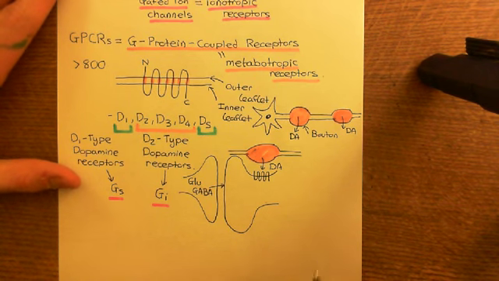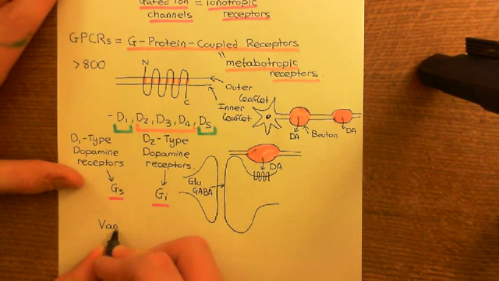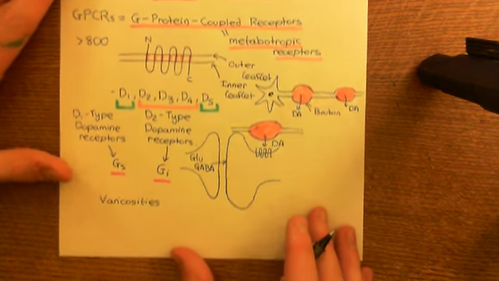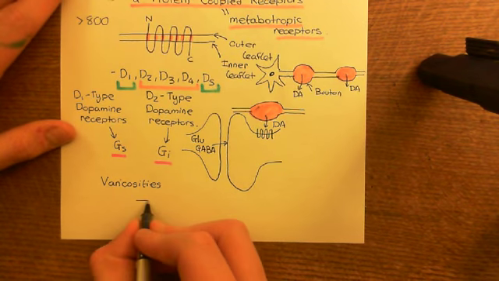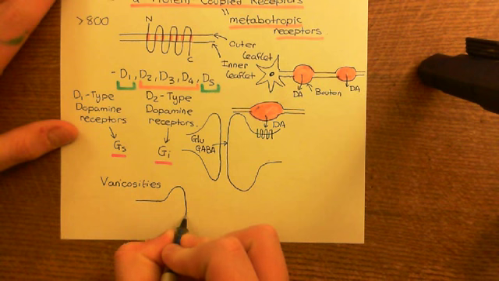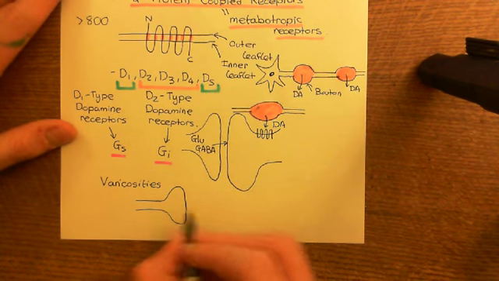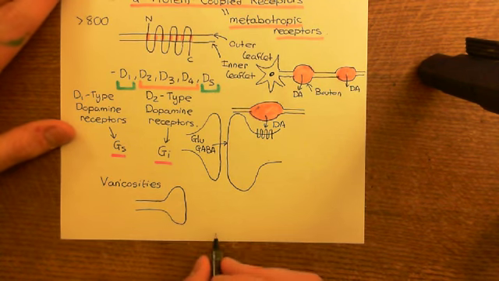The other thing that dopaminergic neurons can form is what's known as varicosities. Now this is when the dopaminergic neurons don't actually synapse onto anything really. Instead, what you have is just an axon terminal, like so, of the dopaminergic neuron without any postsynaptic structure.